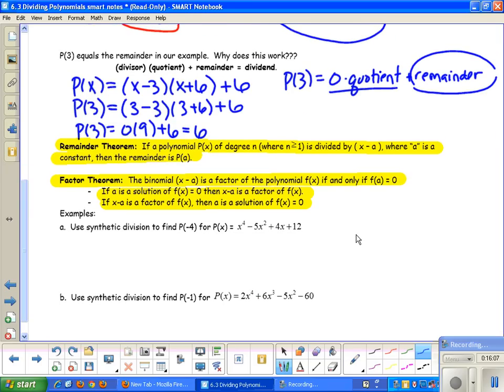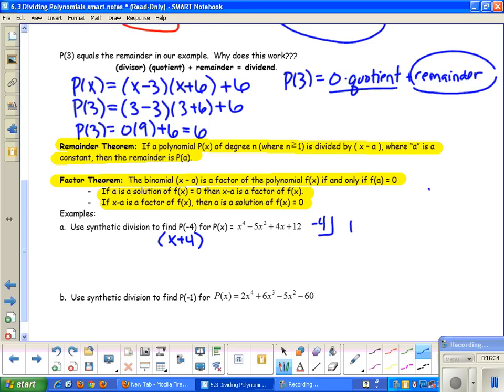it says use synthetic division to find p of -4, and then showing that that's going to give us our remainder. So for this one, if we do synthetic division, if it's p of -4, then p of -4 means that if I write this as a linear factor, it would be x plus 4, because remember it's always x minus the number. So that means for my synthetic division, my box goes -4.